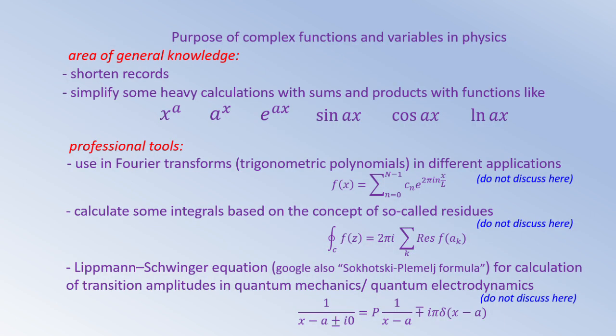This allows us to shorten records and simplify some heavy calculations with sums and products of power, exponential, trigonometric, and logarithmic functions. In addition, complex functions are used in quantum mechanics by professional physicists to perform Fourier transforms, calculate integrals using so-called residues, and for special cases of calculating so-called transition amplitudes.